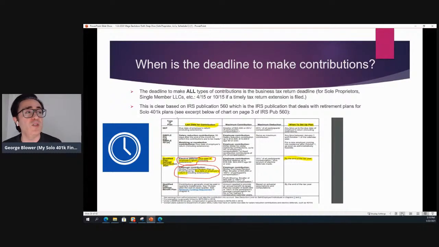So that's April 15th or October 15th if you file a timely extension. And there's some confusion out there, but this is clear based on IRS publication 560, which really is the landmark guidance for retirement plans for self-employed people like solo 401ks, where there's a chart on page 3 that confirms that deadline.